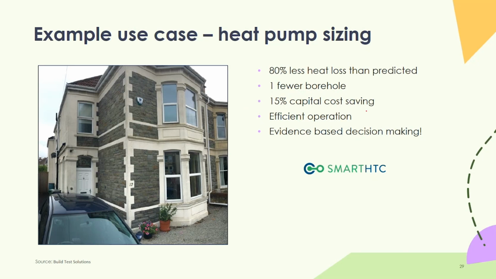And so then quite a significant capital cost saving. And then the system is ultimately sized more correctly, so it operates more efficiently throughout the system's lifetime. And so again, you're making much more informed decisions with the measurement.